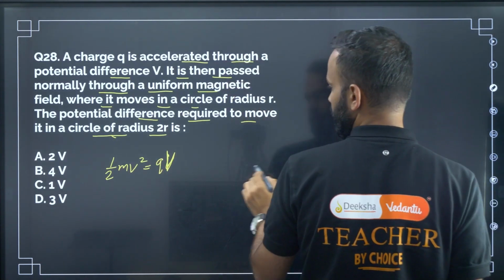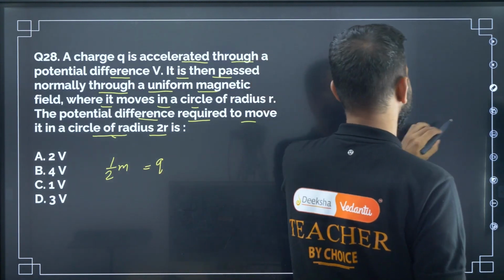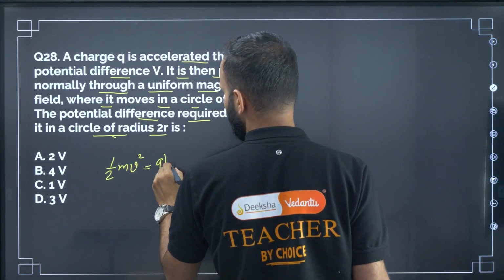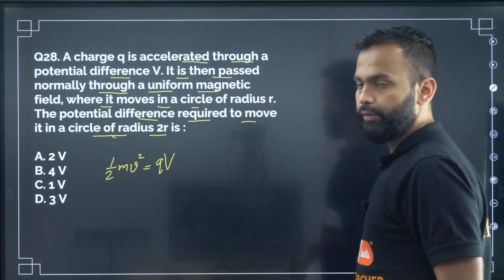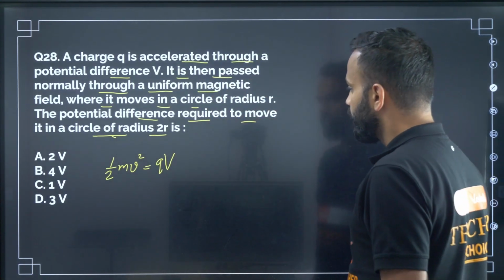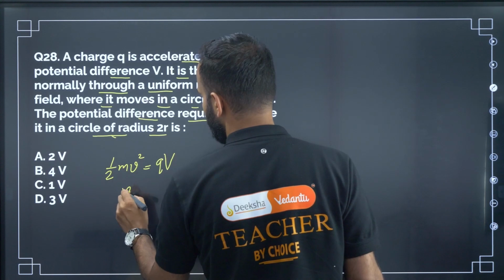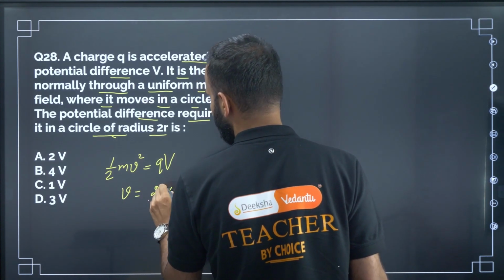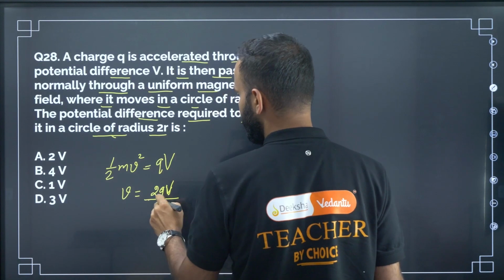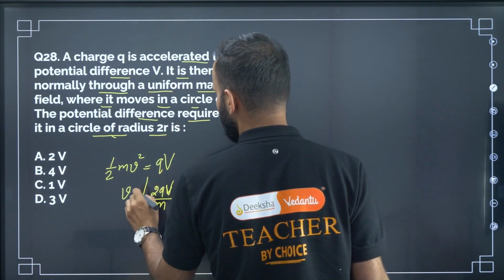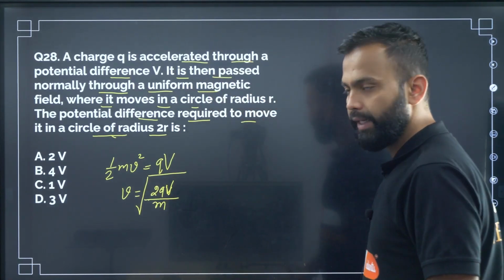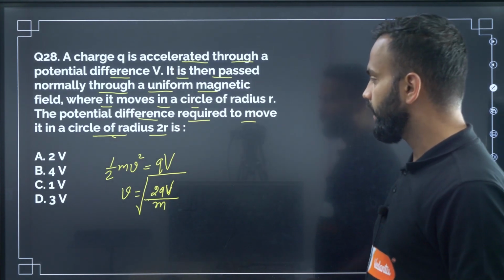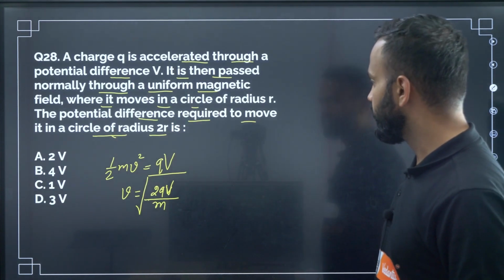Here half mv square is equal to Q into potential difference V. So v is equal to root of 2qV divided by m. This is the velocity of the charged particle when it is accelerated through a potential difference.